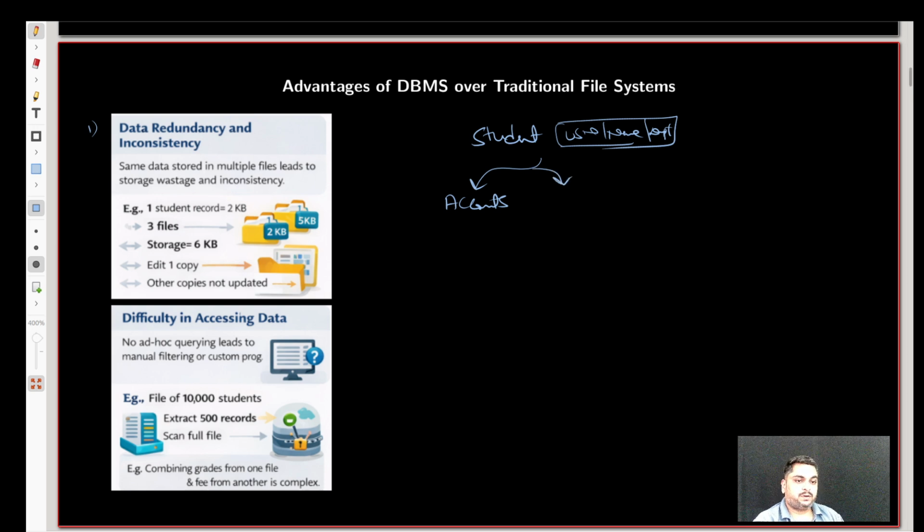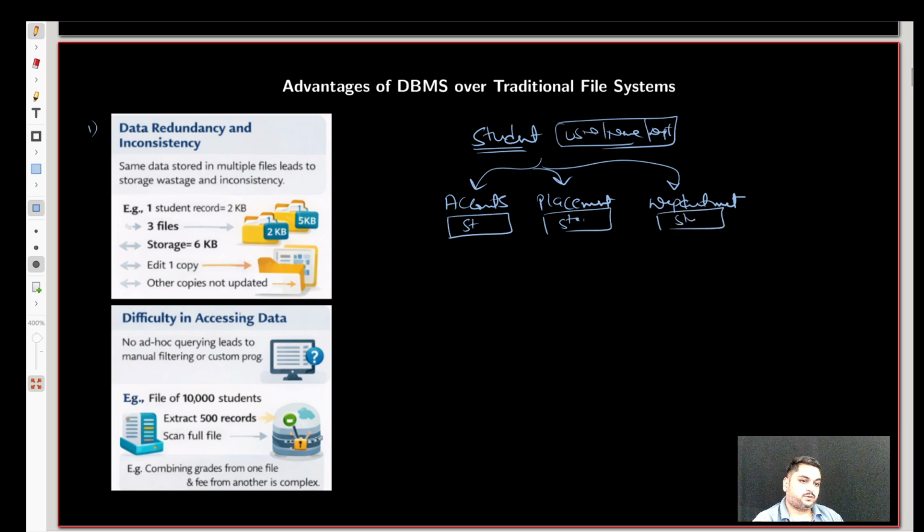Then there is one more department where placement related activities and records will be stored. And there is one more department which he belongs to, for example CSE. Now what happens? The same student data has to be stored everywhere, because accounts needs his information, placement also needs student information, and the department also needs student information. So each of these departments has to store their student information.